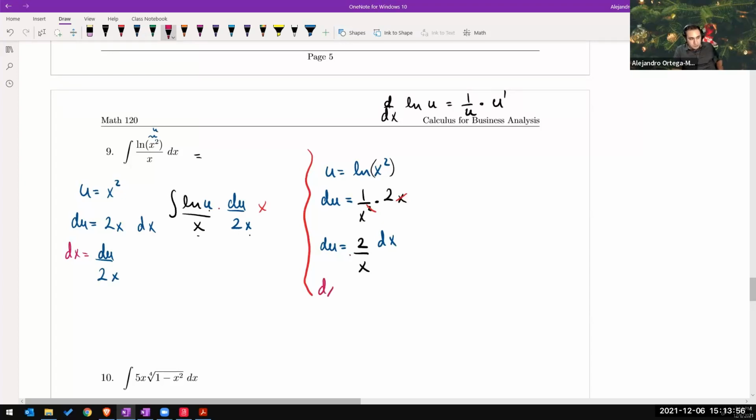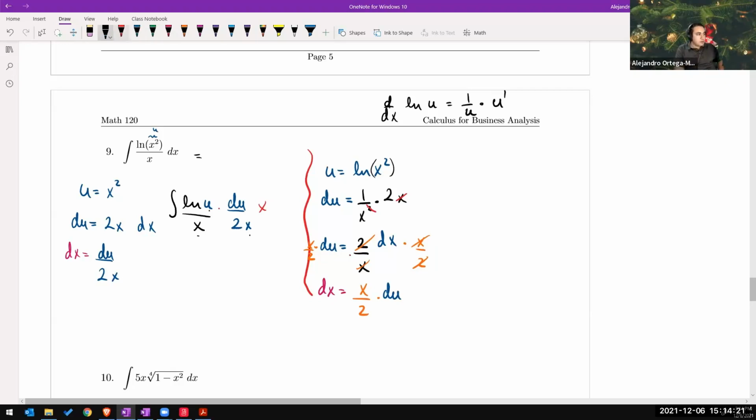And when we solve for dx, we can multiply by the reciprocal, by an x over 2. So we get an x over 2 times du.